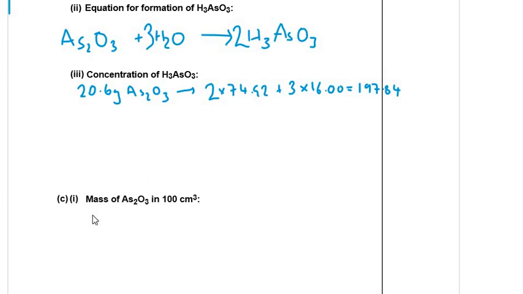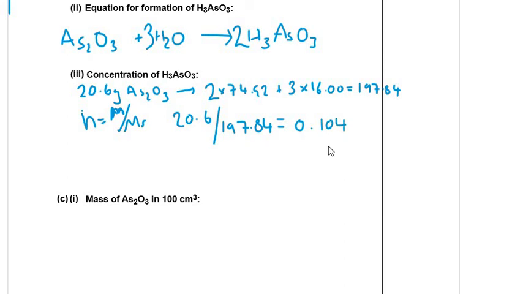So what we can do then is we can work out how many moles of that we've got. We'll just work out moles in the normal way. So remember, moles is equal to mass, little m there, over formula mass. So that's going to be equal to 20.6 divided by 197.84, which we should hopefully see is equal to 0.104 moles.